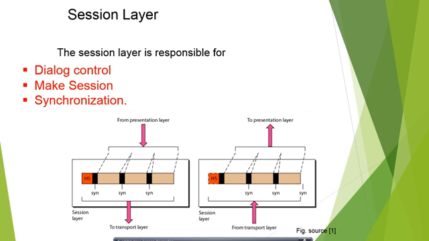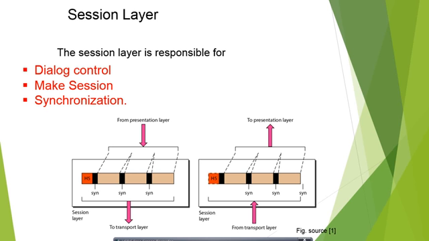Now we are moving to the next layer of the OSI model, which is the session layer. The session layer has basically three responsibilities: dialog control, making sessions, and synchronization. The session layer allows two systems to enter into a dialogue.